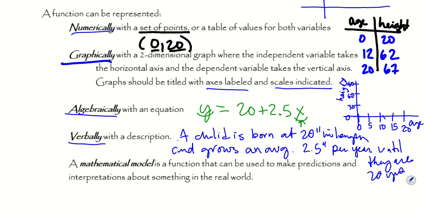And that would give you a verbal description of a relationship between age and height.